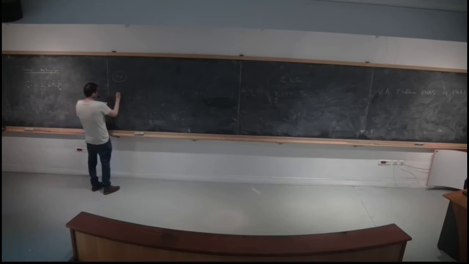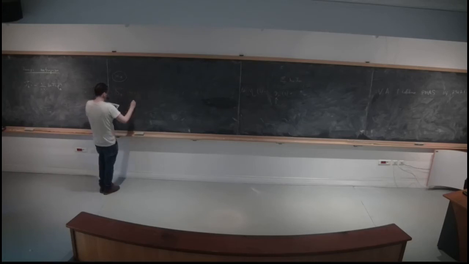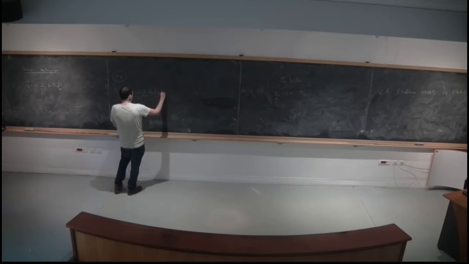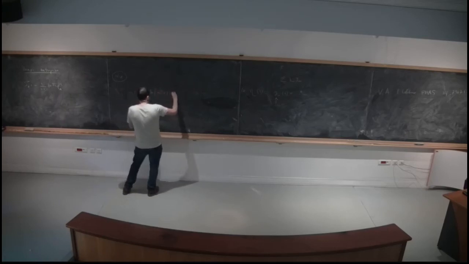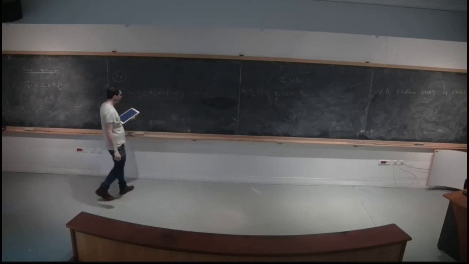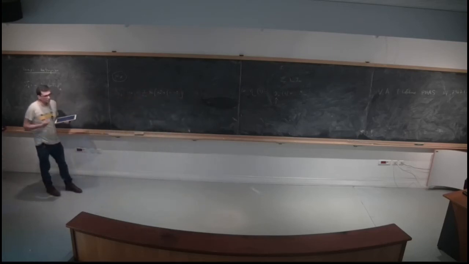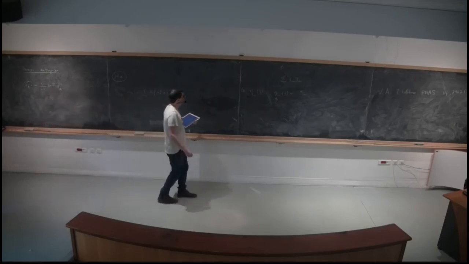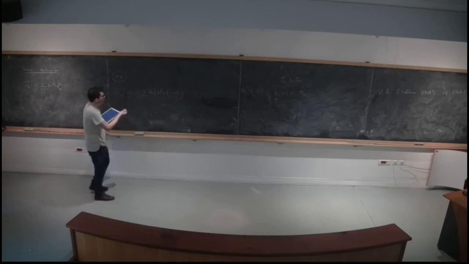So if you want to get the quasi-particle picture for the Rényi entropies, you have just to substitute the density of entropy.